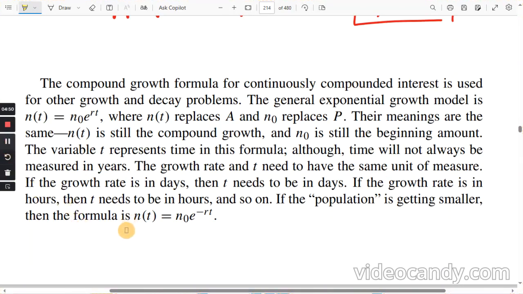I'm going to write this in the notes, but for population growth, it's basically the same formula. N of t equals N sub 0 times e to the power of rt. That's if it's increasing, and if it's decreasing, the exponent just becomes negative.